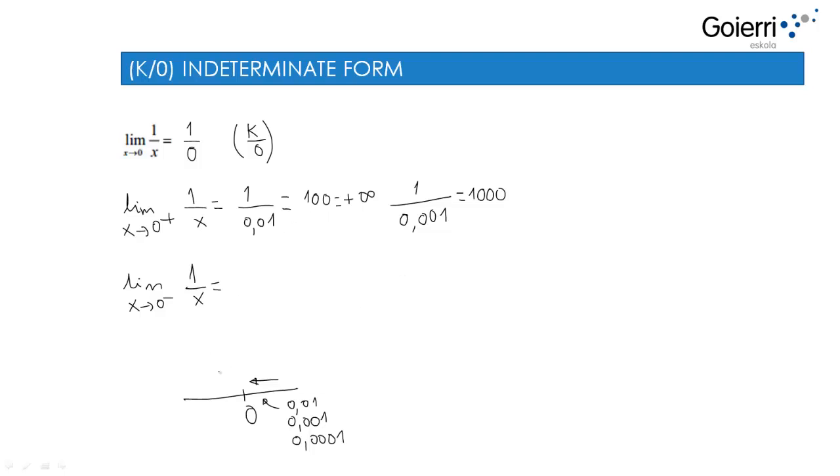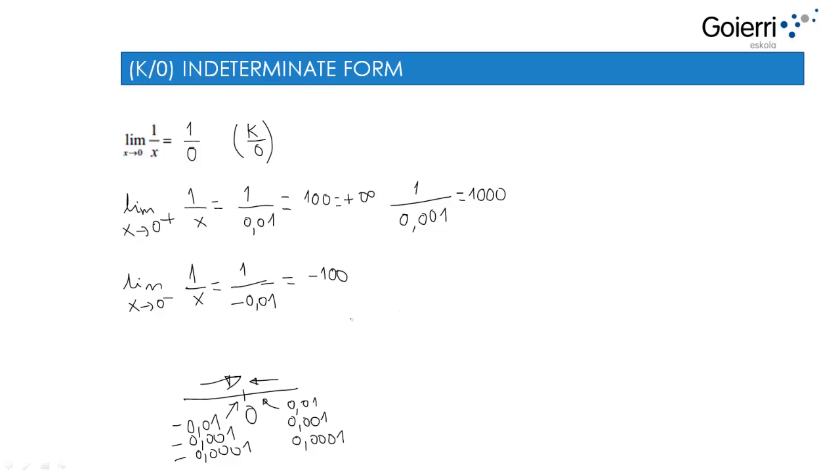So when we are approaching 0 from the left side, we have to take values a little bit smaller than 0. So for example, negative 0.01 or negative 0.001 or negative 0.0001. So if we take the first one and plug it into our function, this is 1 over negative 0.01, and this is negative 100.